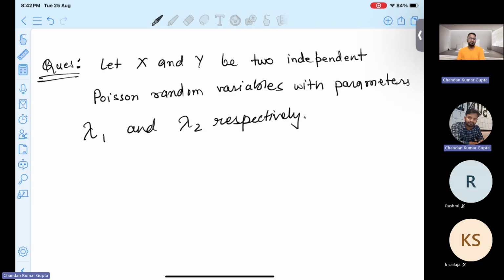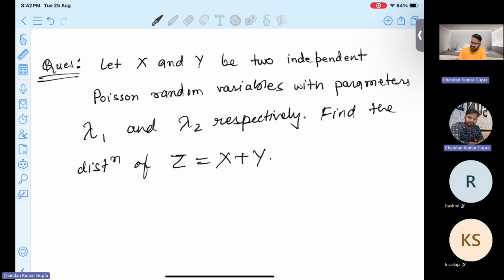Okay. Now we need to find the distribution of X plus Y. Find the distribution of the random variable Z, which is defined as X plus Y. Okay, so this is the question.